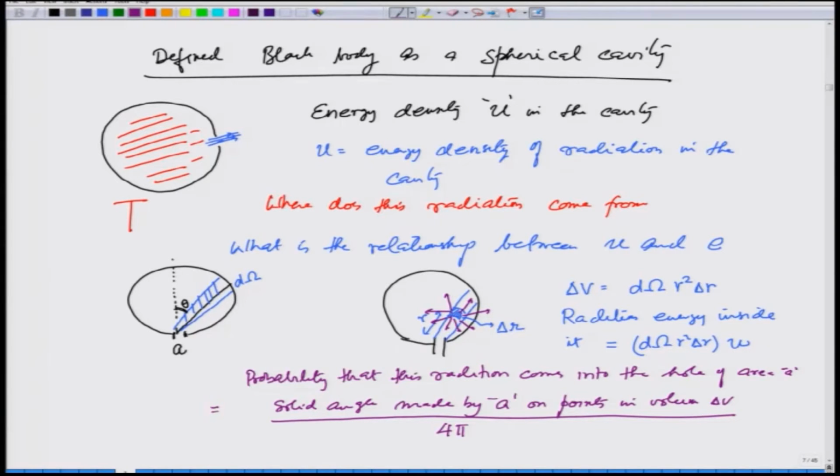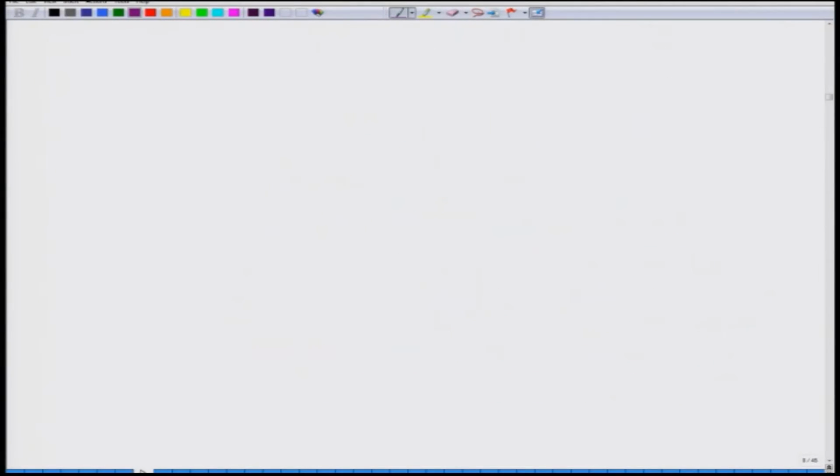So, if I calculate the solid angle made by A on the points in volume delta V and divide it by 4 pi, that is going to be the probability. Let us do that.